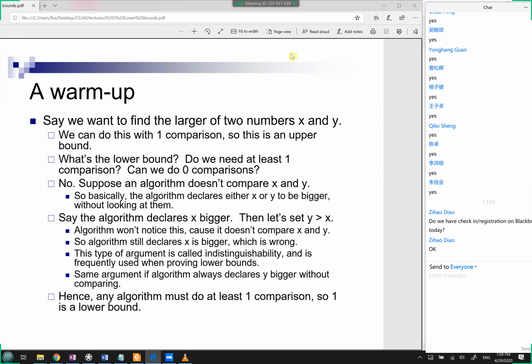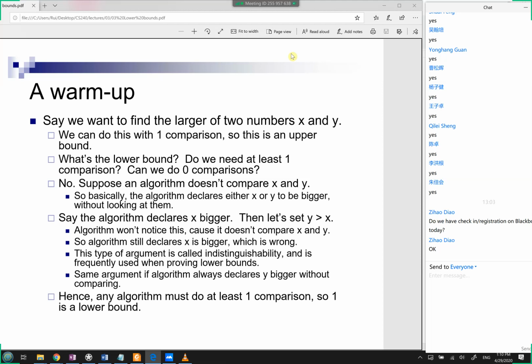In that case, since it can't tell any difference between x and y, it's going to behave the same on x and y. For these two inputs, for input x the algorithm should output one answer, and we're going to ensure that for input y it should output a different answer. But because the algorithm can't distinguish between x and y, it's going to output the same answer on both x and y.